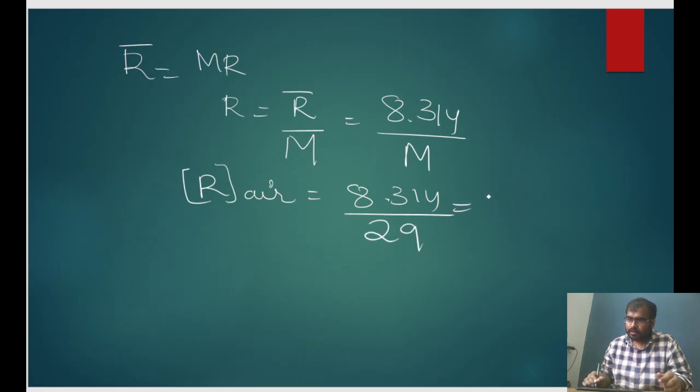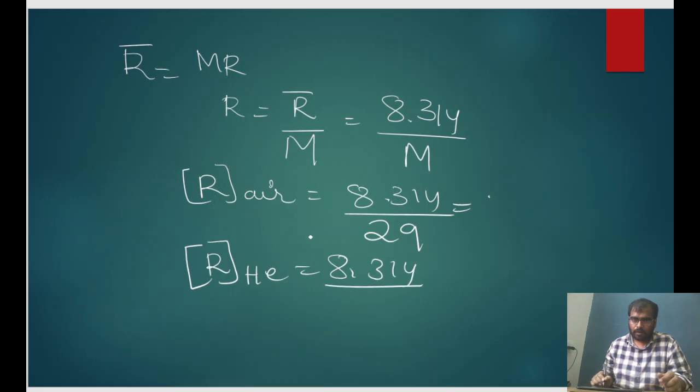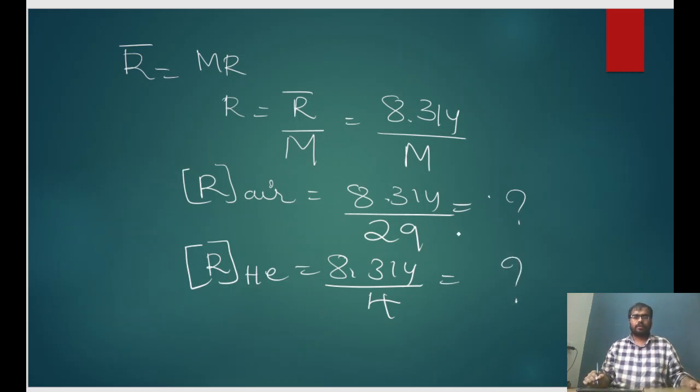Calculate it in the calculator. And R for helium: 8.314 divided by the molar mass of helium, which is 4. Let us calculate in the calculator.